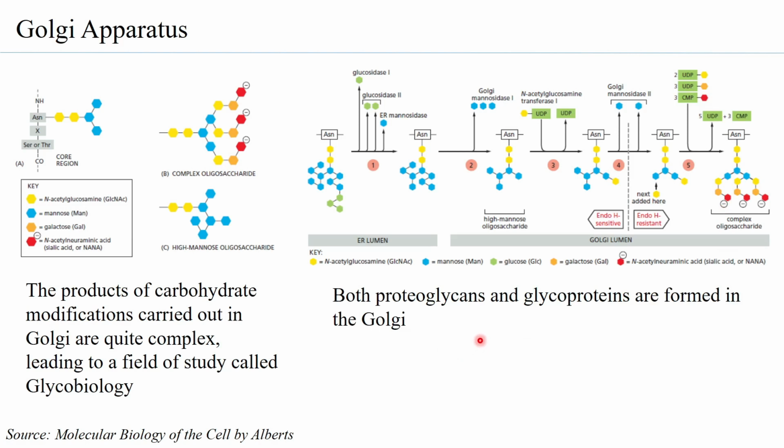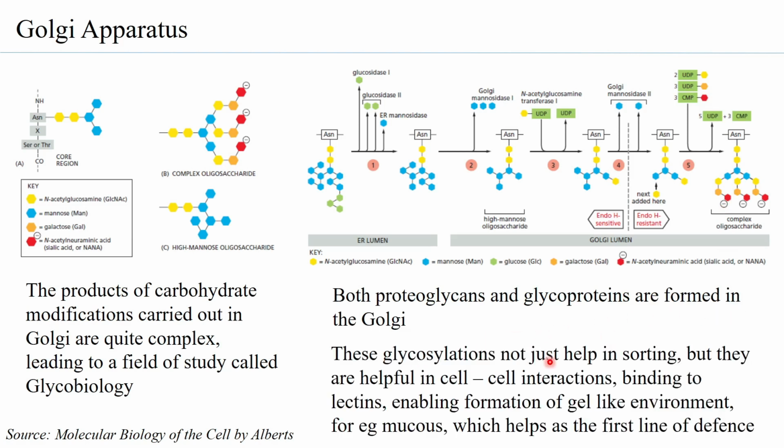Both proteoglycans and glycoproteins are formed in the Golgi, and these glycosylations not just help in sorting, but are also helpful in cell-cell interactions, binding to lectins, and enabling formation of a gel-like environment. For example, mucus. There is mucin present in the mucus, and we all know that mucus is generally a mechanism of defense because it is sticky, it holds on to a lot of germs, and that way it becomes the first line of defense for our immune system.